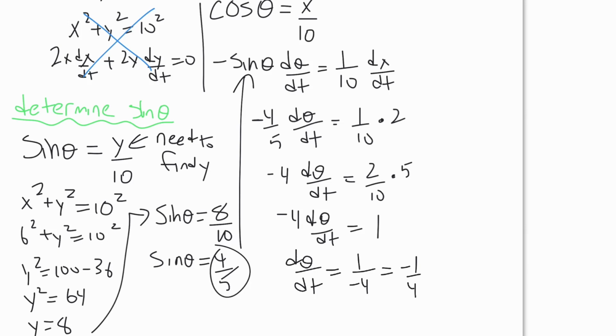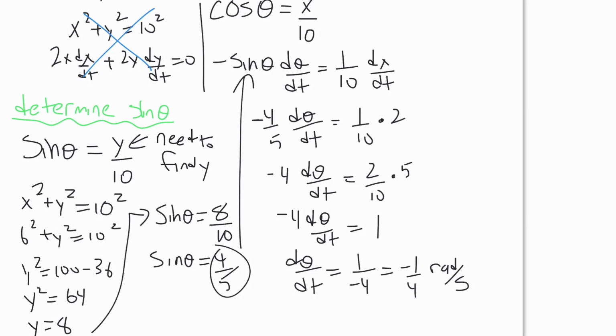Now, the units are going to be a little bit complicated for this. They didn't tell us whether it was degrees or radians, but they did tell us it was per second. So if you look at this, we have the rate of change of the angle over time, so it's clearly per second. And if they don't give you an angle, we always assume that the angles are in radians. If the angles aren't specified, it's automatically radians.